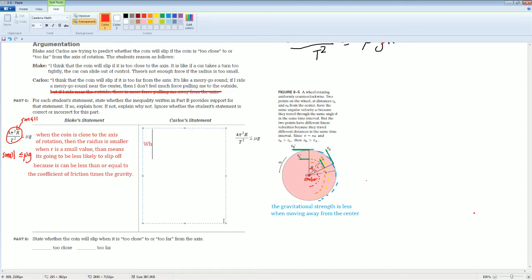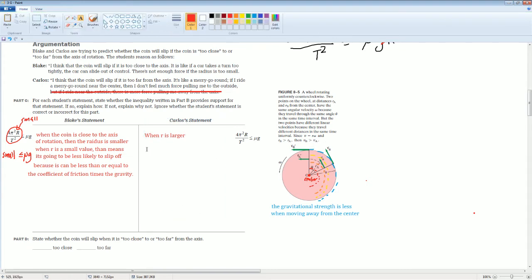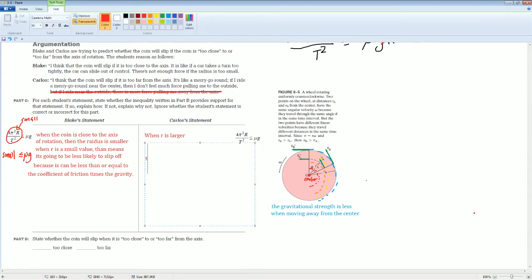Okay. When R is large, the left side of the equation increases.